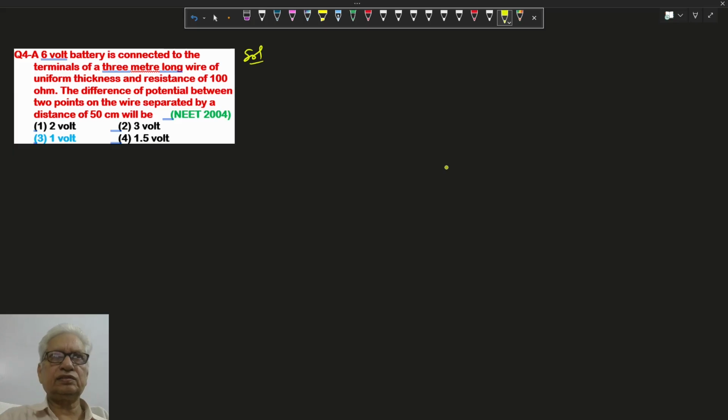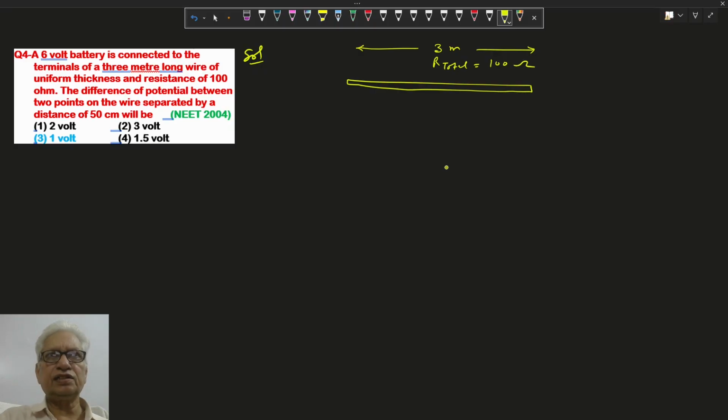In this question, a 6-volt battery is connected to the terminals of a long wire of uniform thickness. Total resistance of this 3 meter wire is 100 ohm.